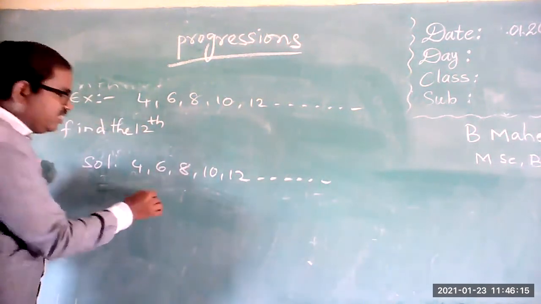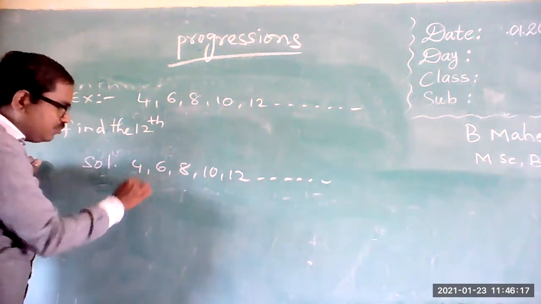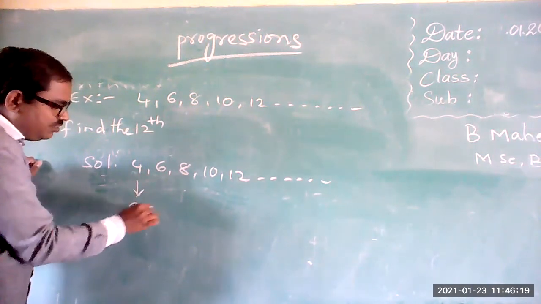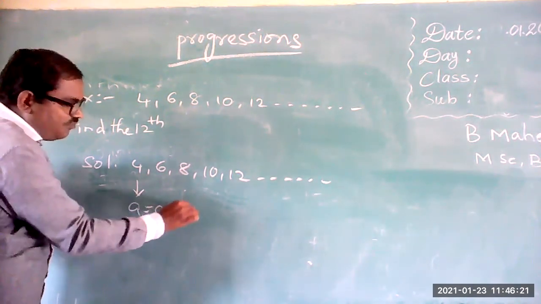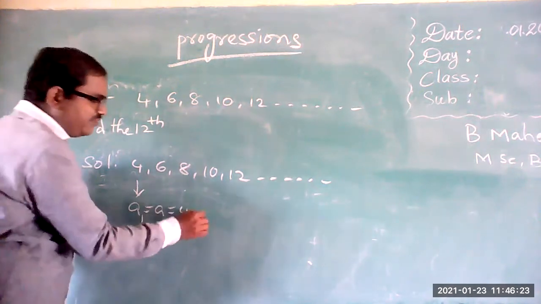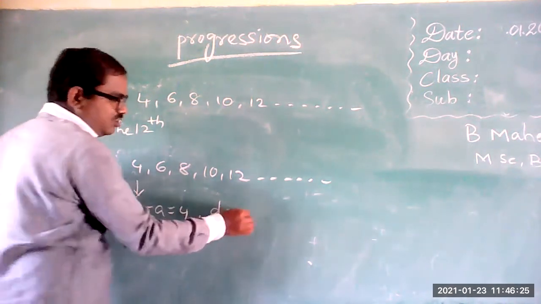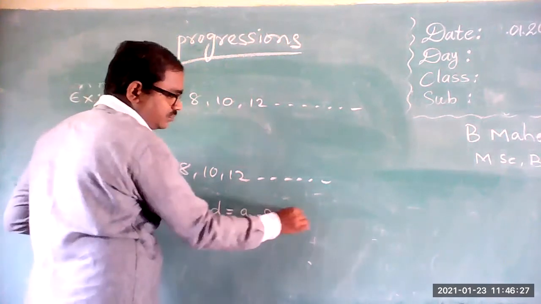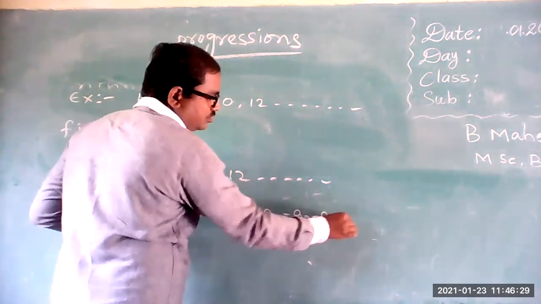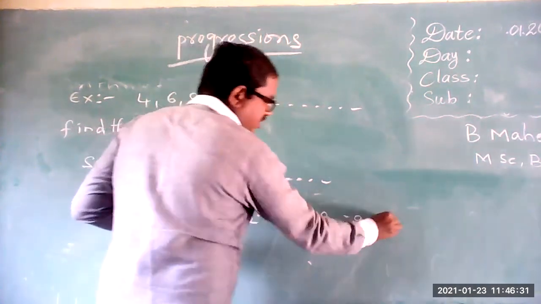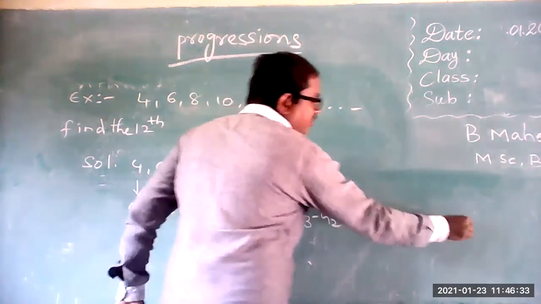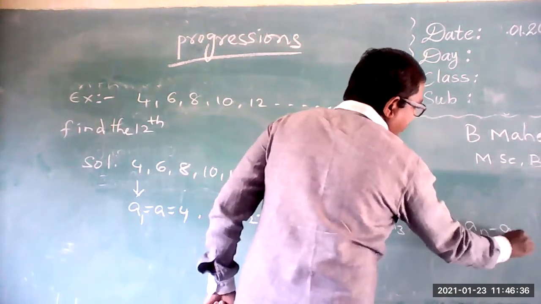The first term A is equal to A1 is equal to 4. So the common difference D is equal to A2 minus A1, A3 minus A2, A4 minus A3, up to An minus A(n-1).